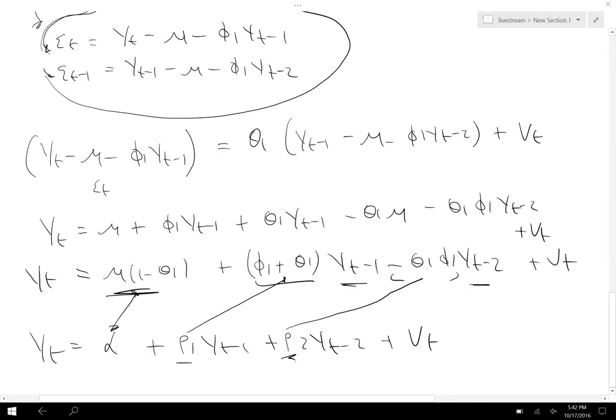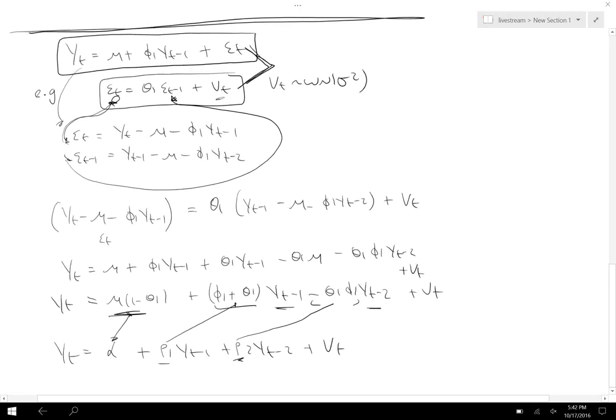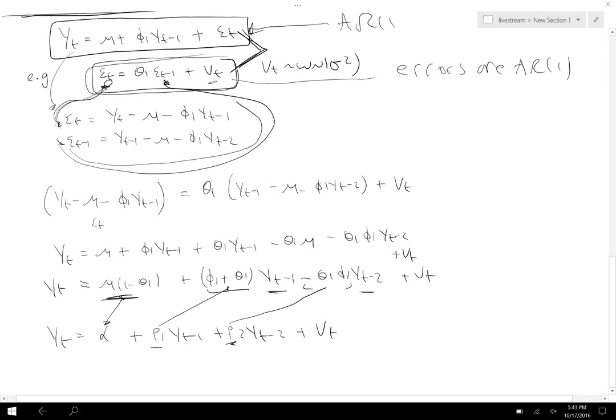So all we've shown is that if we have an AR(1) model where the errors are an AR(1), you just use this equation, plug in the shocks from both time periods and rearrange, and the true y is an AR(2), for some coefficients alpha, phi_1, phi_2 given above, where v_t is white noise.